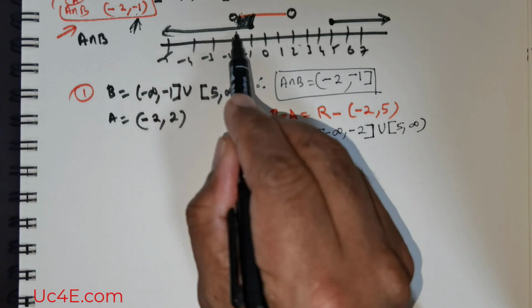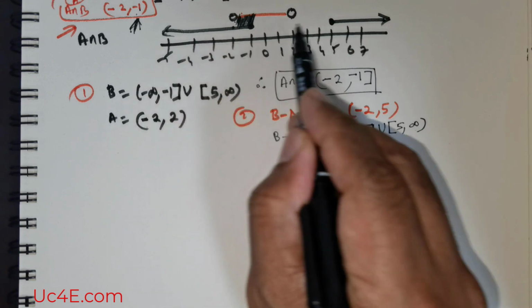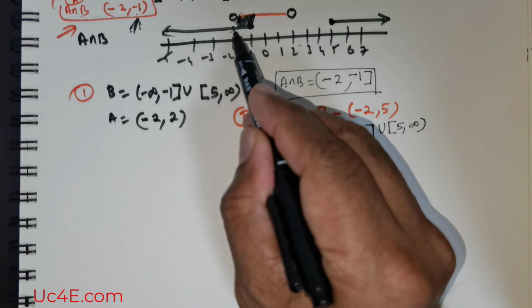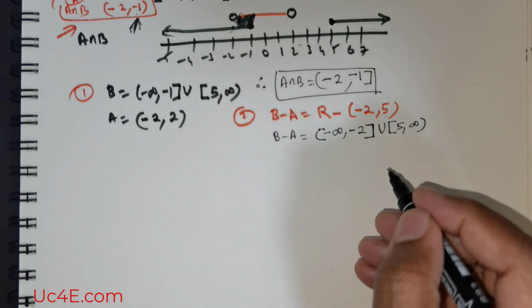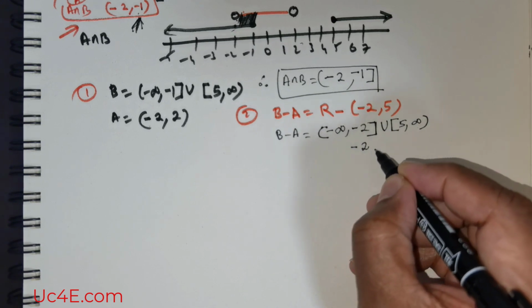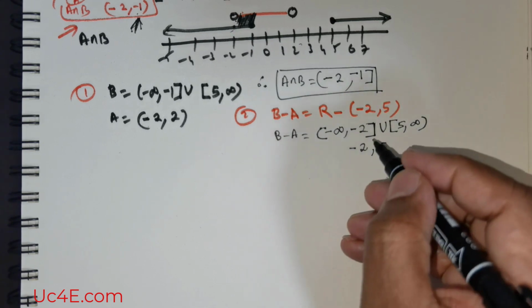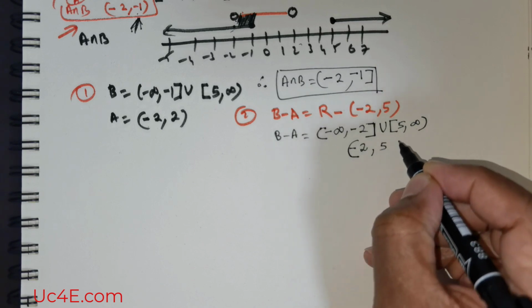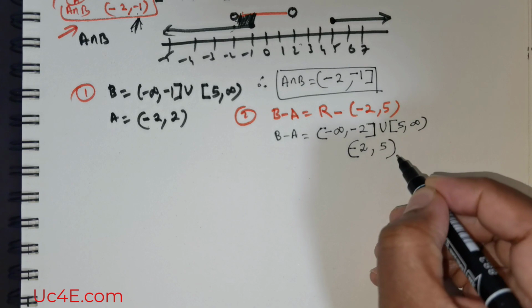So we are looking at the values, closed interval -2 to 5. So we cannot take a closed interval. We have to go a little bit away from the closed interval. So that would mean we need the interval -2 to 5. But as I mentioned to you, you got a closed interval, you place an open interval here.